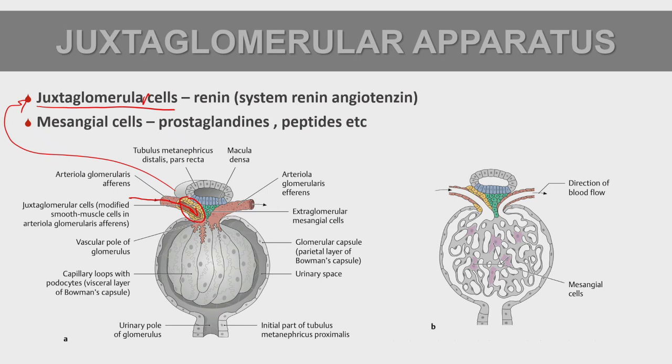Those juxtaglomerular cells are able to excrete renin. Renin is a cytokine or local hormone or global hormone which is able to cooperate with angiotensinogen and form the complex. In physiology you will know about it, renin-angiotensin, which is able to increase blood pressure.